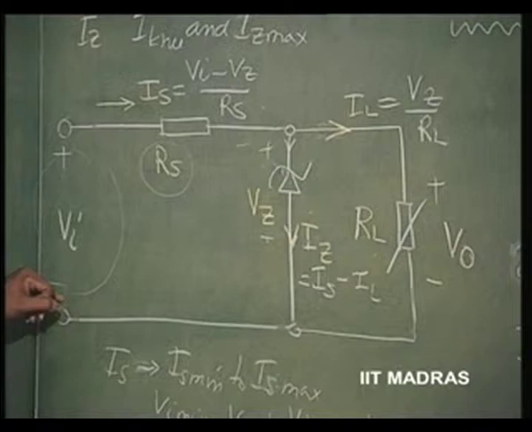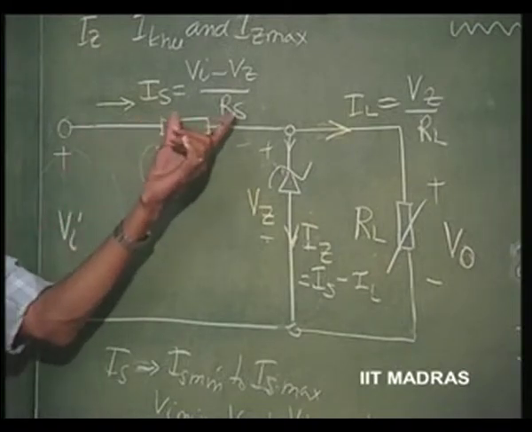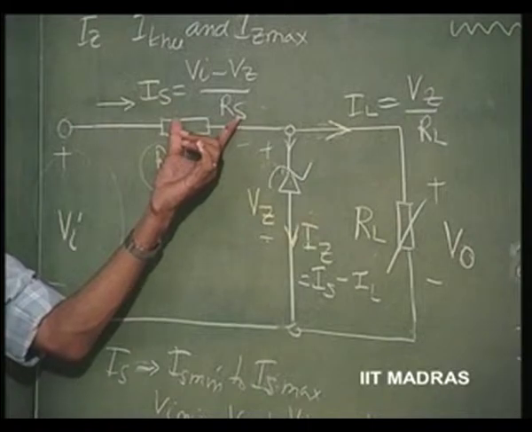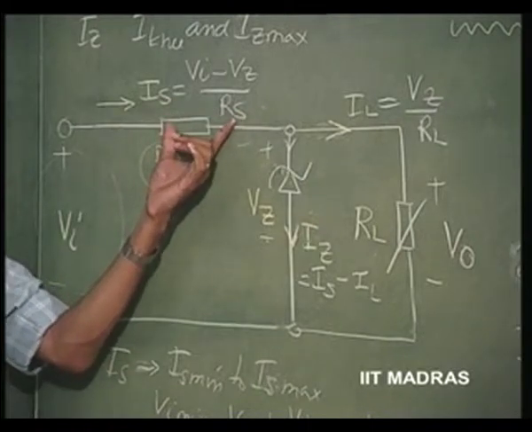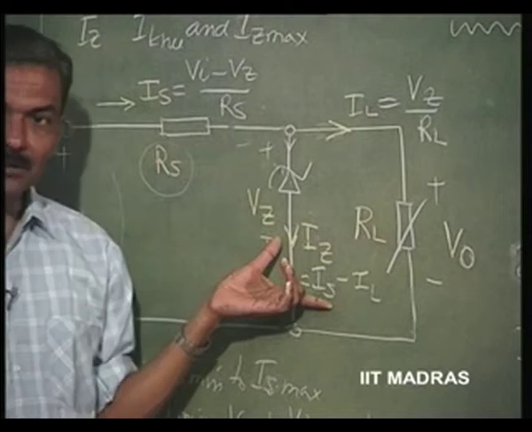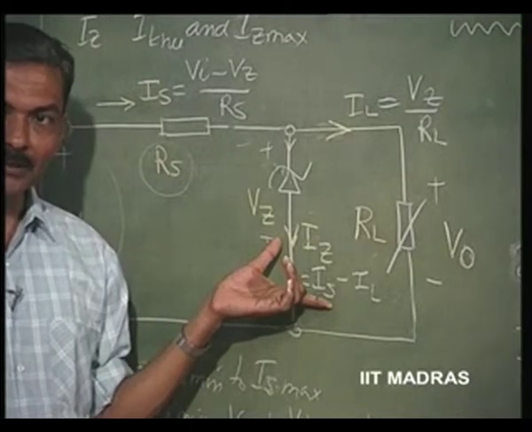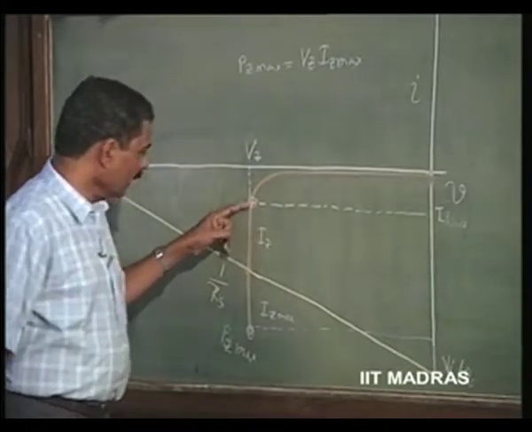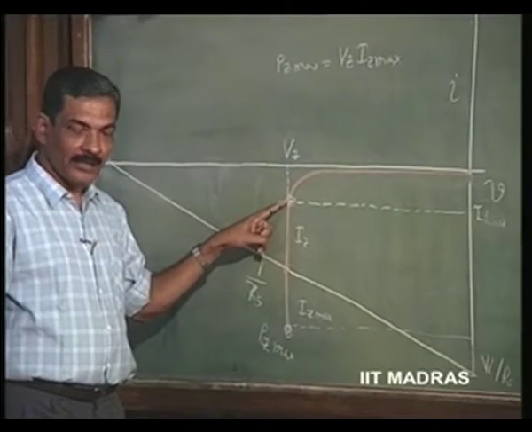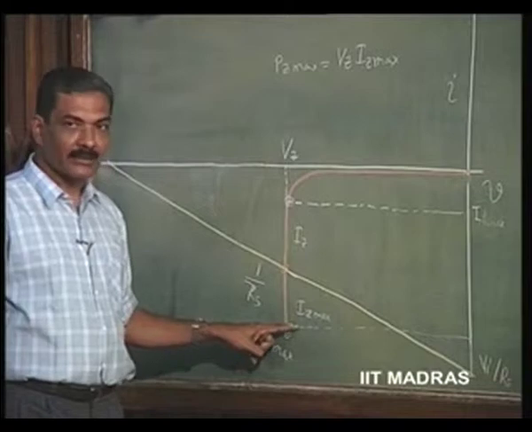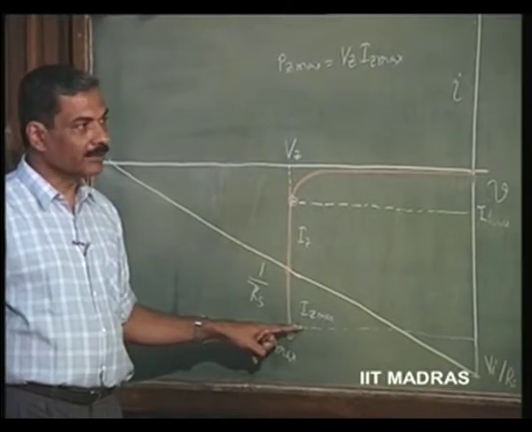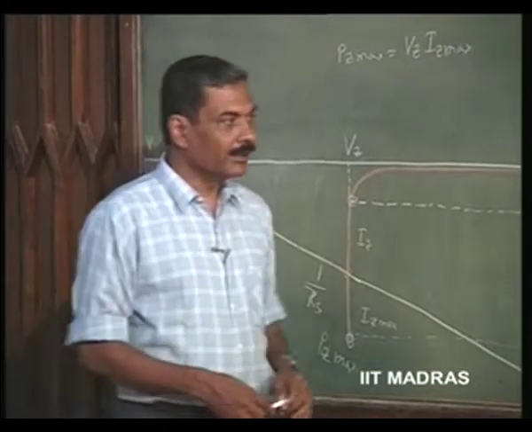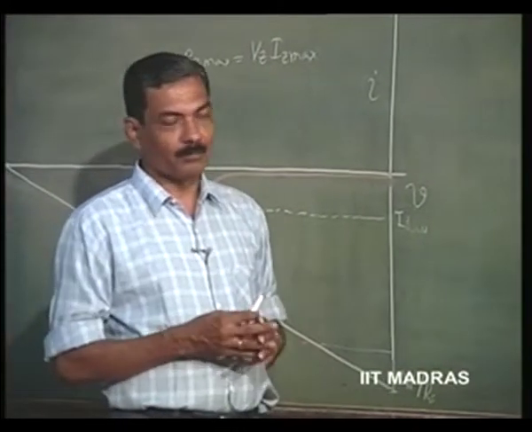So, the only design parameter to be considered is to fix the value of R S, so that I Z minimum and I Z maximum lie within the range of I Z min and I Z max permissible for the Zener. That is really the design problem.